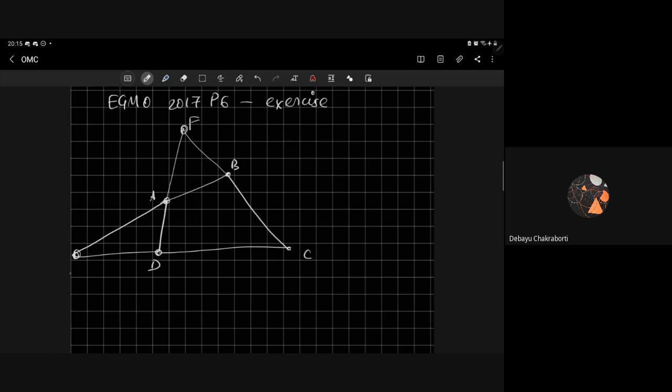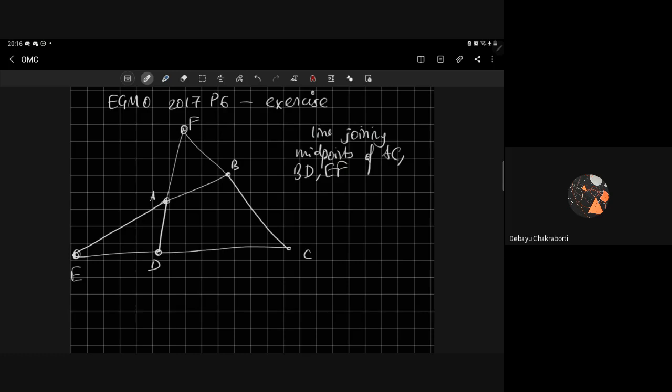Let's call this F and E. So the Gauss line is the line joining the midpoints of AC, BD, and EF, right?